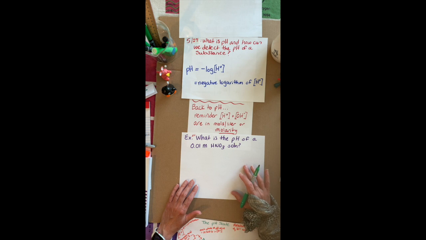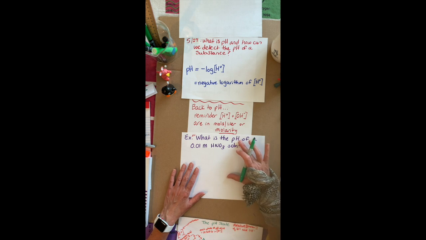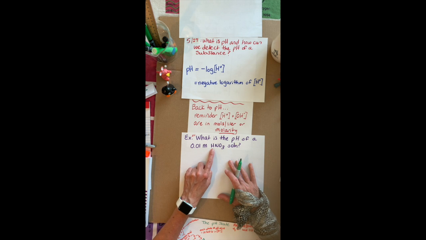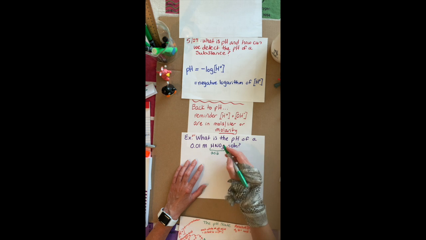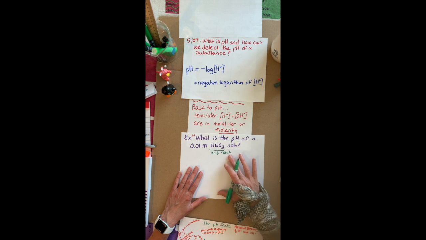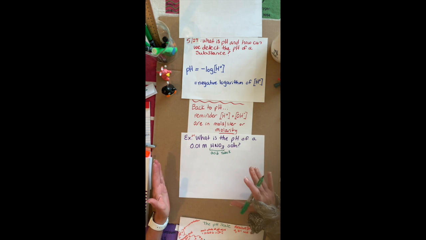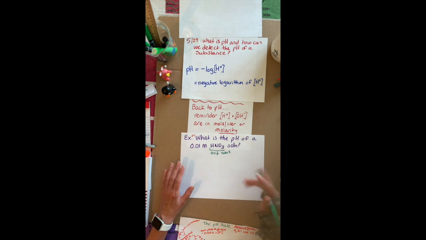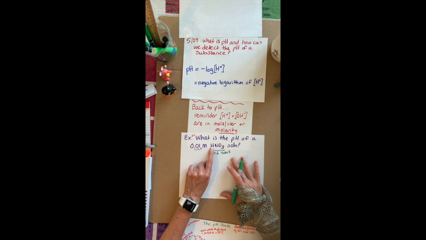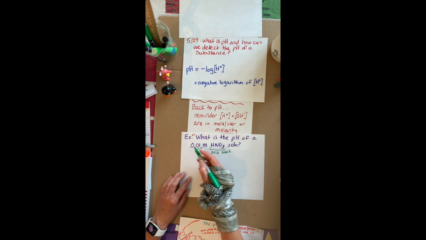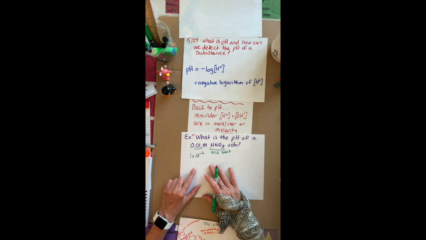Let's look at a fourth example. What is the pH of a 0.01 molar nitric acid solution? We're going to know that this is an acid. Why? Because we're going to see that in table K. So we know our pH should range between 0 and 6.9. We're talking about an acid here that's going to release that hydrogen ion. So we've got 1 times 10 to the minus 2, correct?